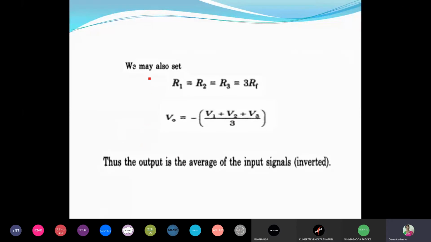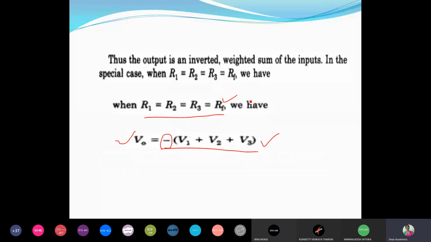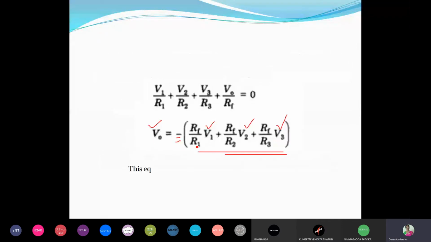Now let us also see another case, where we set R1 equal to R2 equal to R3 equal to 3 times RF. When we write 3 times RF, what will happen? Let us see this equation. R1 equal to 3 times RF, so RF gets cancelled and 3 will be there.